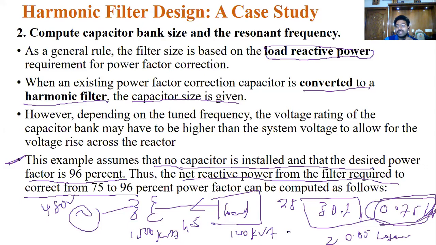Under normal working conditions it is 0.96 PF, but under this load it is 0.75.